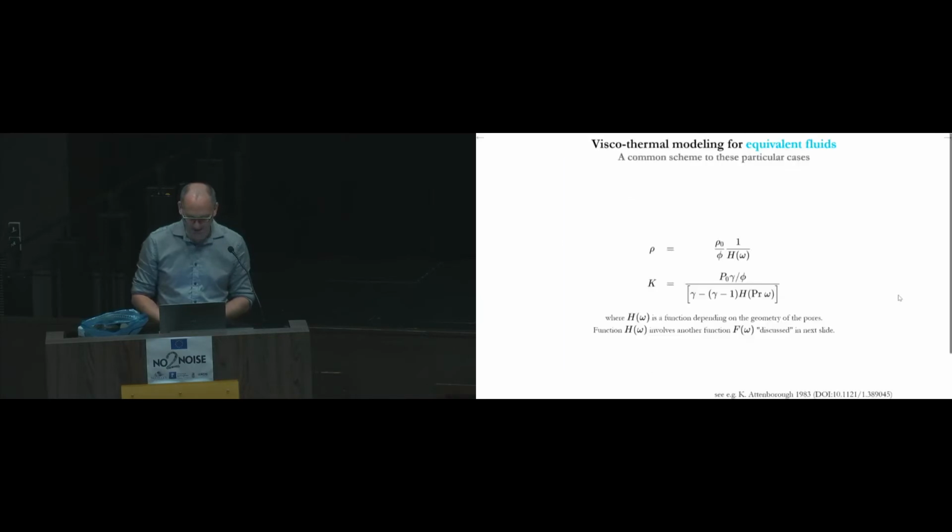Okay, I will go directly to the next slide. So there's a common scheme in this expression, and the fact is that we can write, sorry about that, sometimes I write ρ, sometimes ρ tilde ek. So here ρ is ρ tilde ek, and K is K tilde ek.